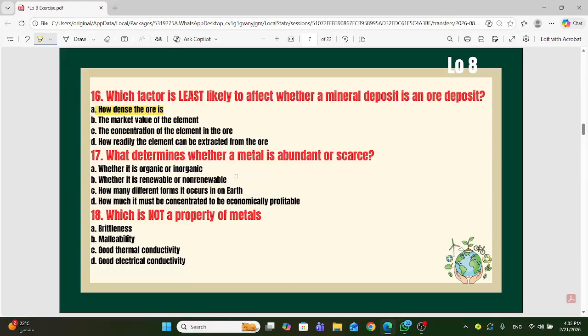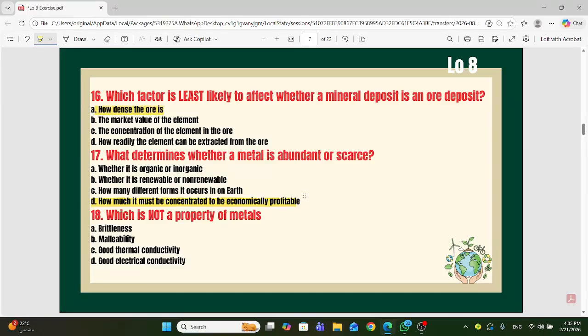Renewable or non-renewable؟ لا. How many different forms it occur in on earth؟ لا. هتبقى how much it must be concentrated to be economically profitable.